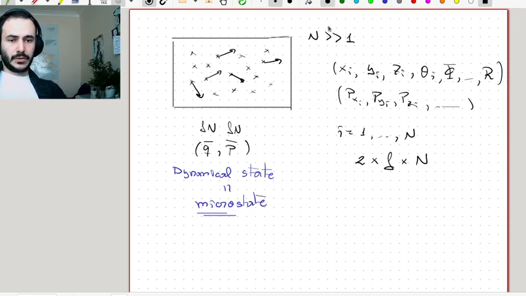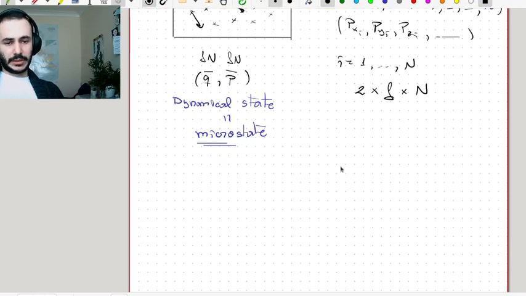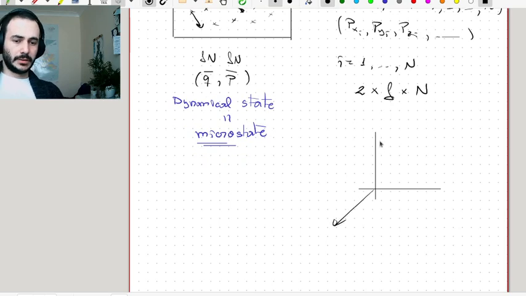Graphically, if I wanted to represent the microstate of a system, I could, although it's quite impractical, think about a very highly dimensional space with 2fN orthogonal axes, which is not the case I'm drawing here, of course. That's why I'm putting some dots here, so that there are many more orthogonal axes in every direction that I cannot draw.